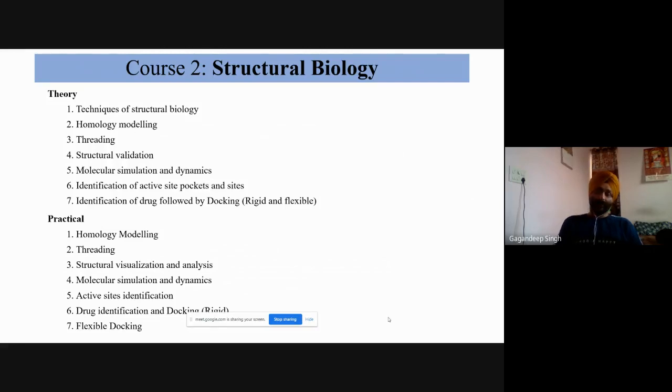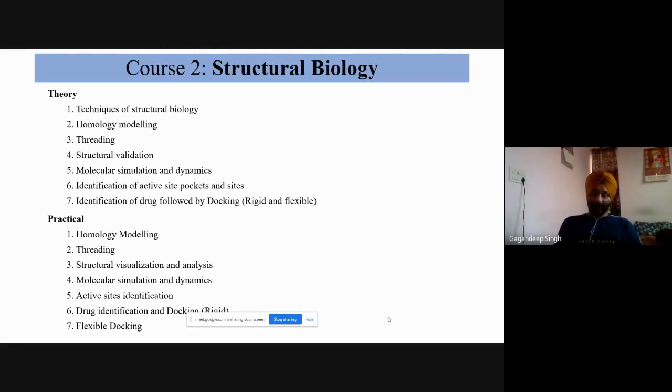Here is the practical session as well, where we'll do homology modeling, then threading. I'll do this practical, and you will also do it with me by selecting your own proteins if you are interested. With each technique, I'll show you something, and then you have to select some proteins. Maybe I'll provide you the protein, and you have to model it.